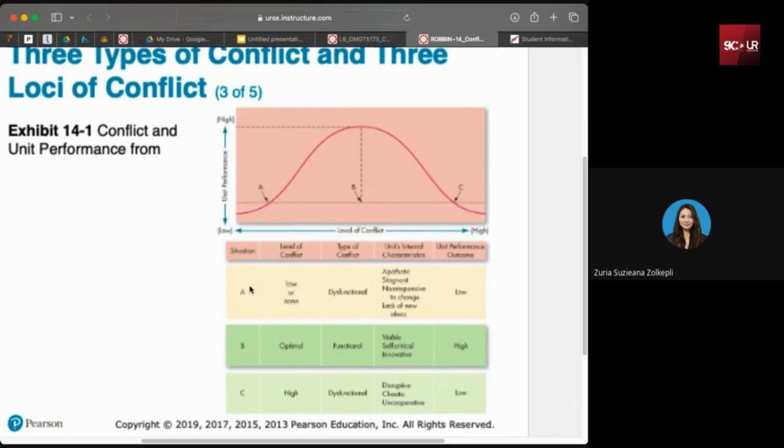So situation A, low conflict but no performance, because people simply don't understand each other. They don't know how to work with each other, right? So this one is a dysfunctional one. Okay, this one is a dysfunctional one.